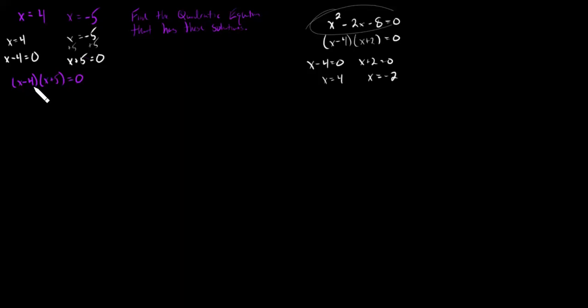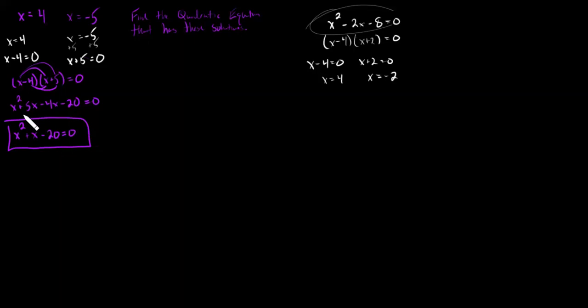Now remember, factoring is just undoing multiplication. So if we're working backwards, we actually multiply this out. We would get x squared plus 5x minus 4x minus 20 is equal to 0, which simplifies to x squared plus x minus 20 is equal to 0.